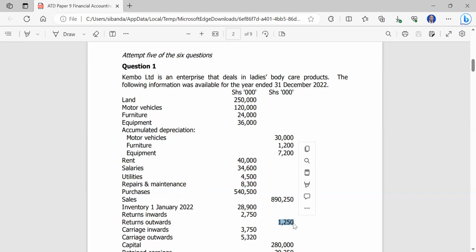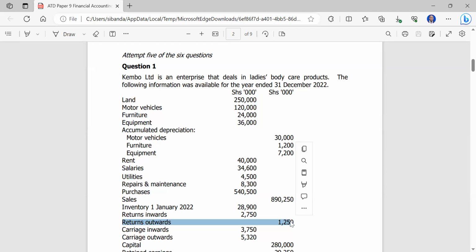You understand? Then we have carriage inwards. Carriage inwards is basically what I talked about, what is incurred in bringing the purchases, and so this one will be added to our purchases. Then the return outwards is basically the deduction of our purchases. Why?